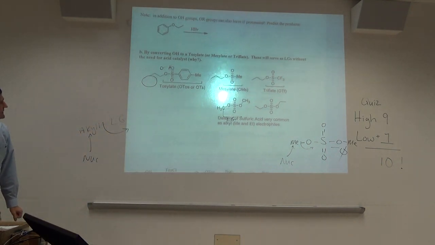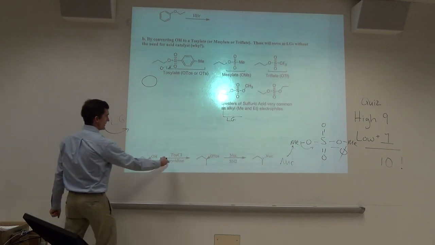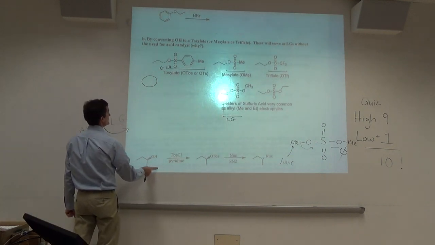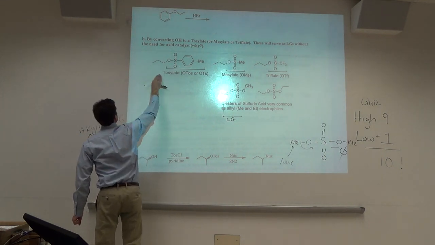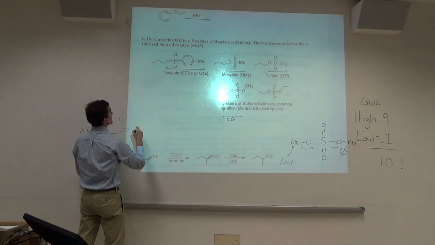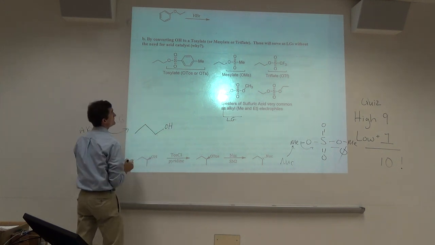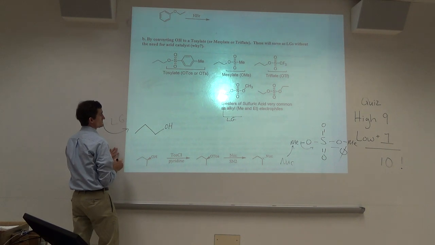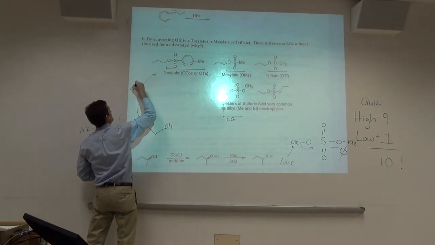Okay, how do you make tosylates? You make them using tosyl chloride and pyridine. Let's look at that. We'll make that tosylate right there. That would come from reacting this alcohol with tosyl chloride and pyridine.